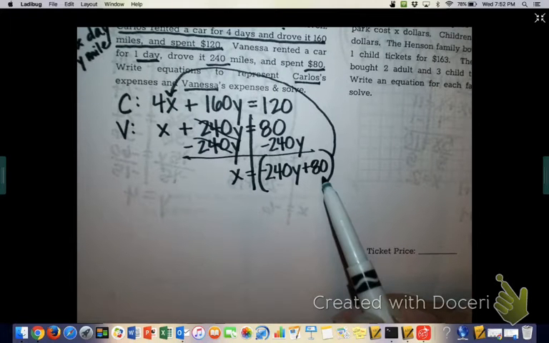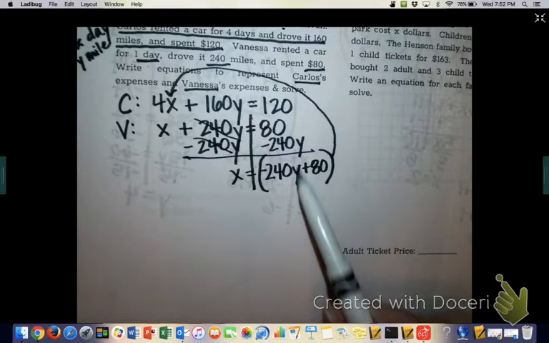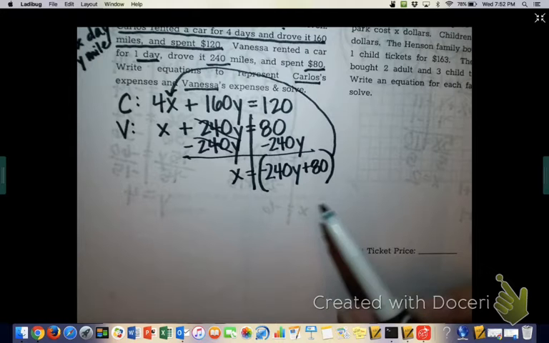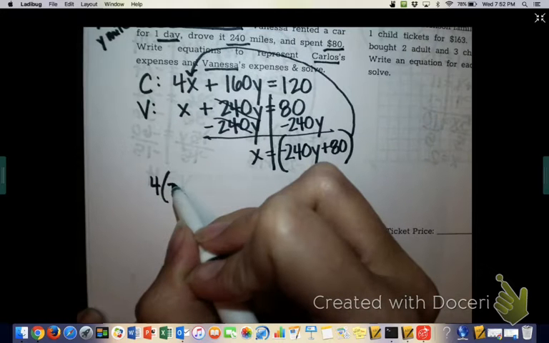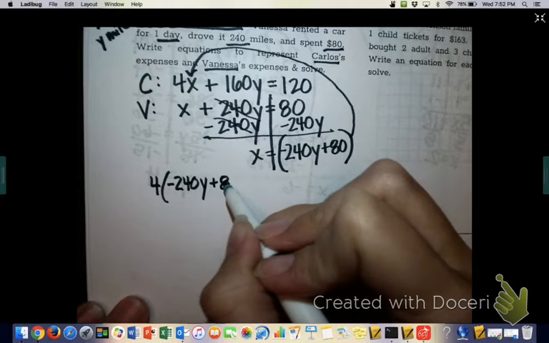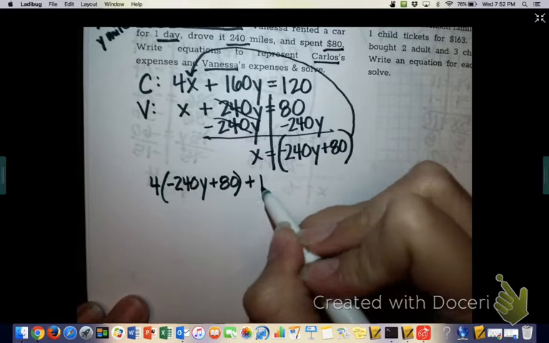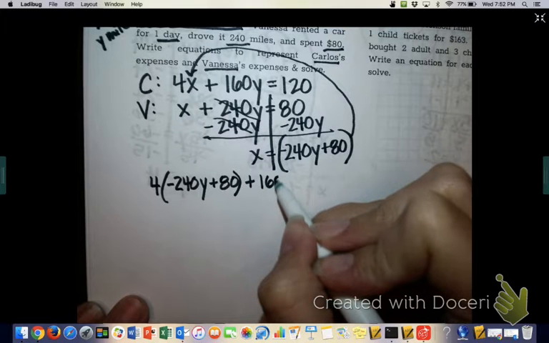And I'm going to use it in parentheses because the 4 is going to have to be distributed into it. So 4, parenthesis, negative 240Y plus 80, parenthesis, plus 160Y equals 120.